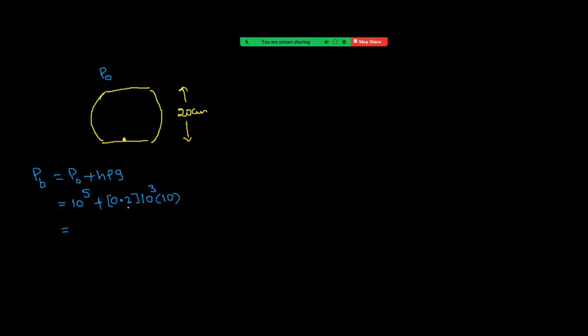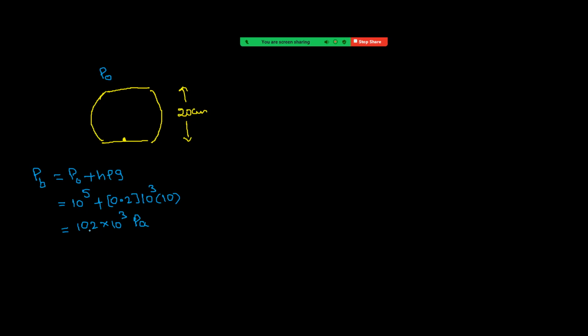See how much we get. This is 2 times 10 power 3, and this is 10 power 5. So pressure equals 102 into 10 power 3. Units are Pascal. Cross check once: this is 2 times 10 power 3, and this is 100 times 10 power 3. So 102 into 10 power 3.